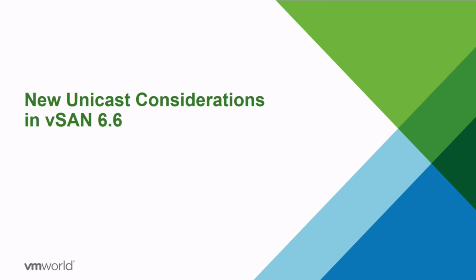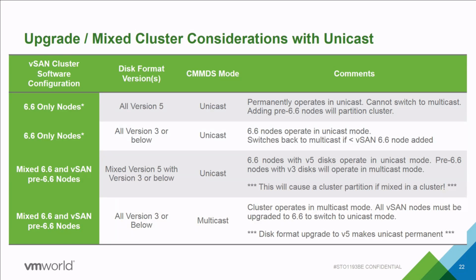Now, unicast considerations of vSAN 6.6. This is where we have a situation where we might go back to multicast. I said once everything is updated to 6.6, the whole cluster is running unicast. But remember, there has to be an upgrade sequence taken care of as well. At some point during the upgrade, you'll have previous versions of the vSAN hosts alongside the newer versions, so you might have some 6.2 or 6.5 hosts alongside 6.6.